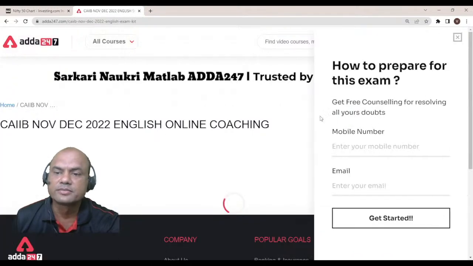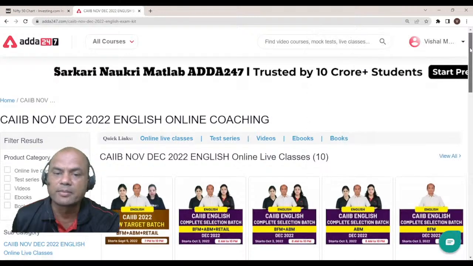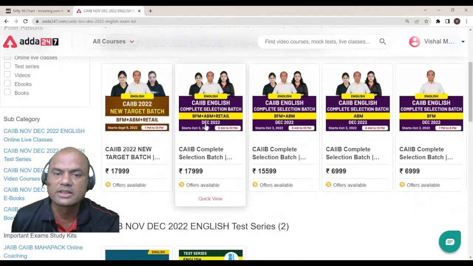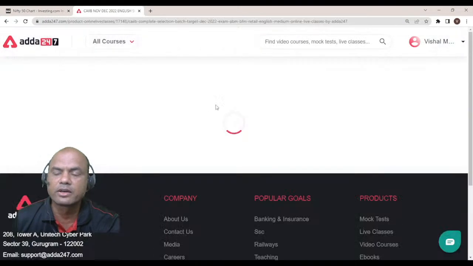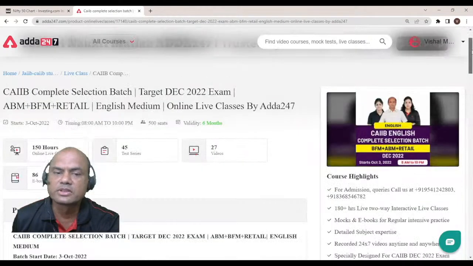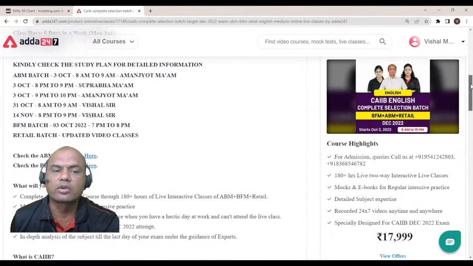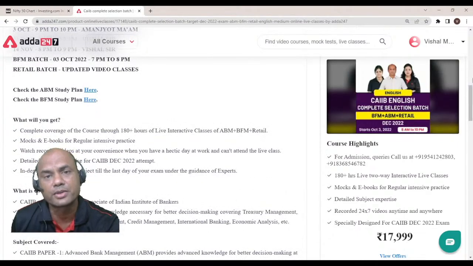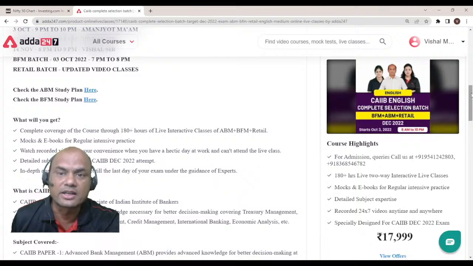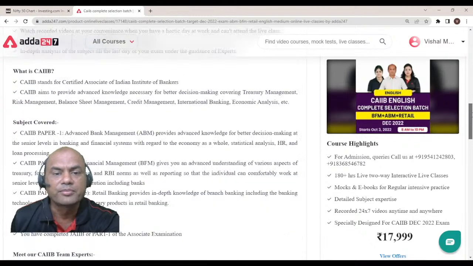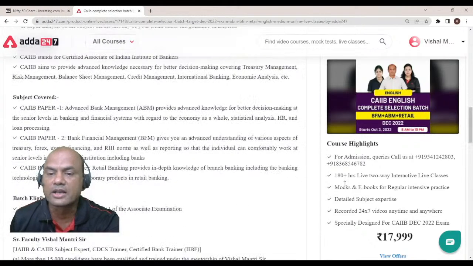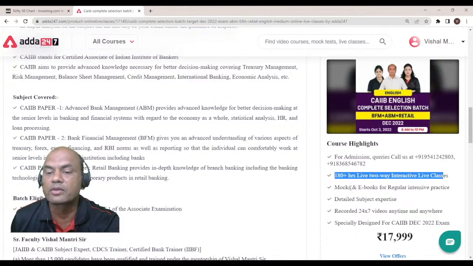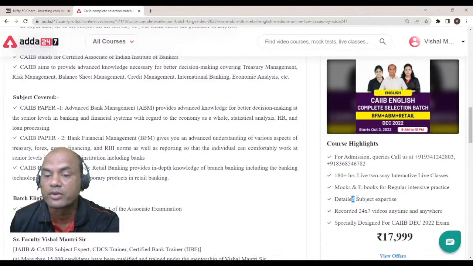Now I'll come to this batch portion. Why on this? Because look at the importance over here. This new batch on 23 which is coming up, look at the subjects. Compulsory subjects are ABM, ABFM and BRBL. BRBL is legal, banking regulations and business laws. Up till now we know ABM and BFM in the current pattern. Now we are having these two and an elective, but is there elective retail? No. Rural, HR, IT, risk and central banking.